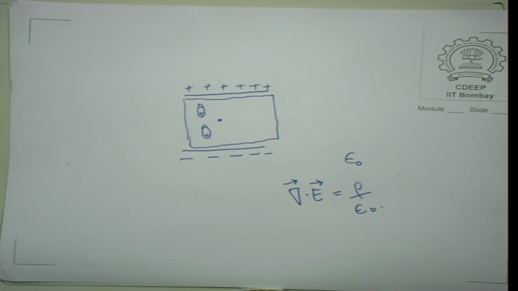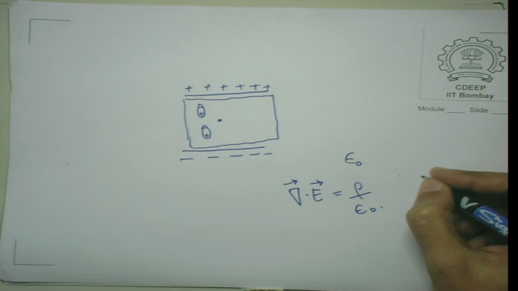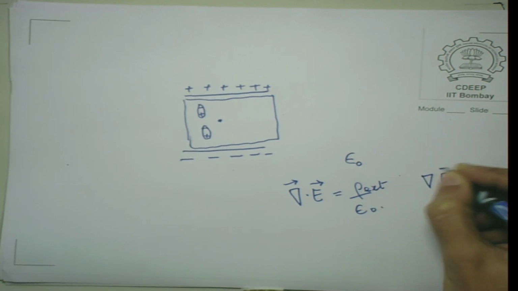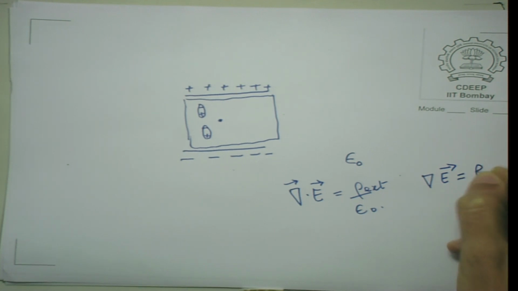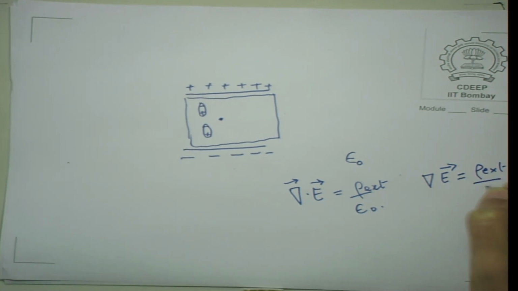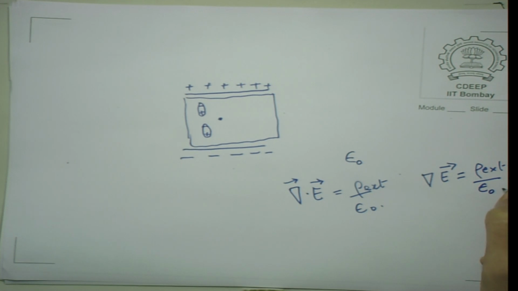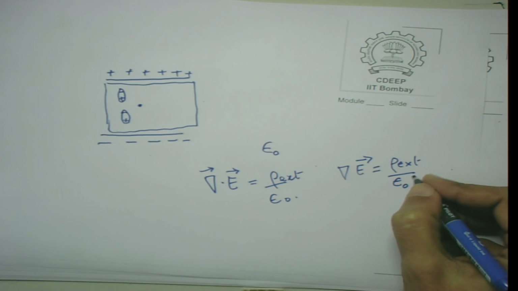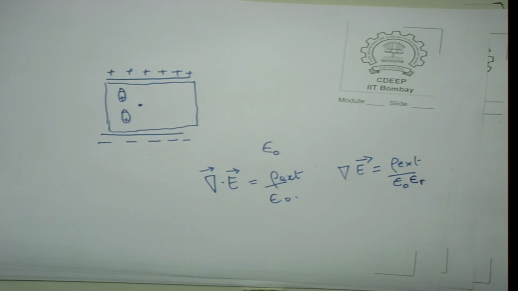Now you put this new material inside, and you will find the electrical field has actually reduced. So, what you will find is this electrical field will be equal to rho external by epsilon naught, but then what you do effectively is multiply by a scaling factor. This scaling factor epsilon r is also called the relative permittivity.